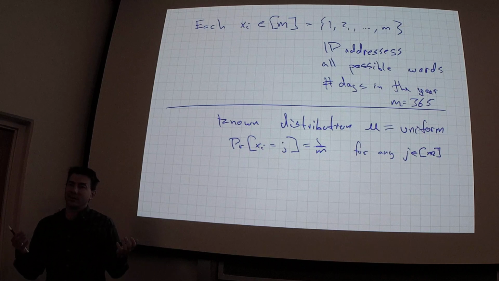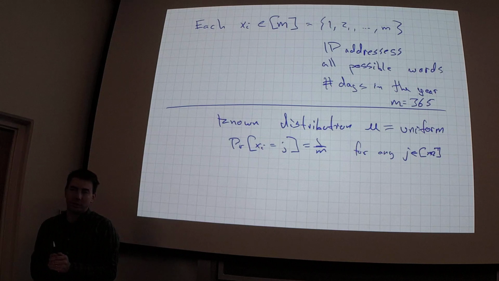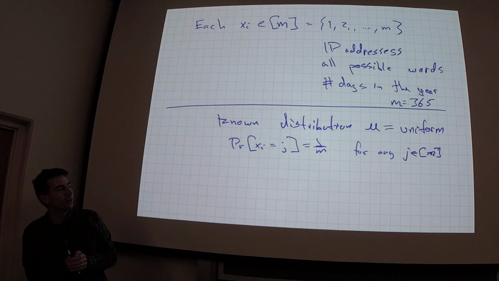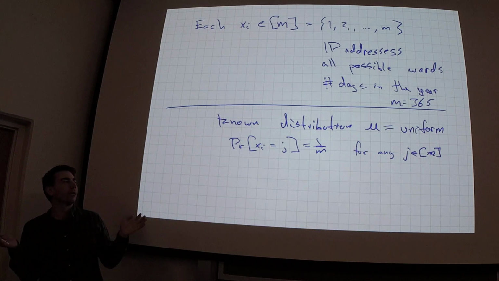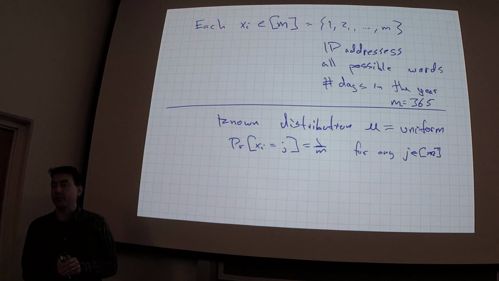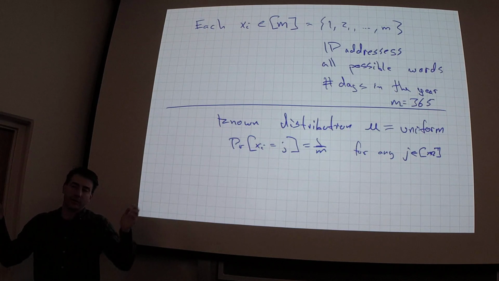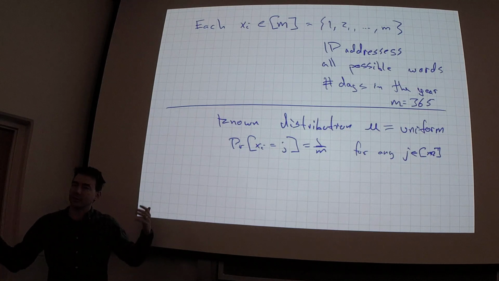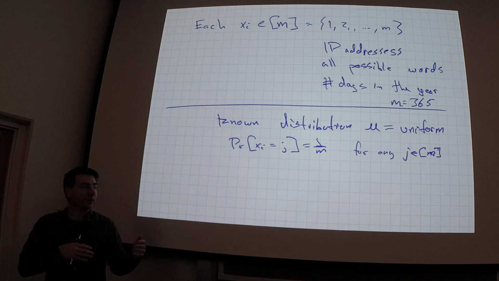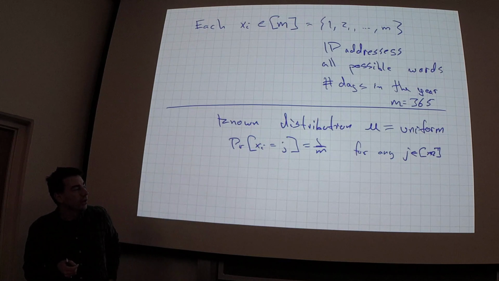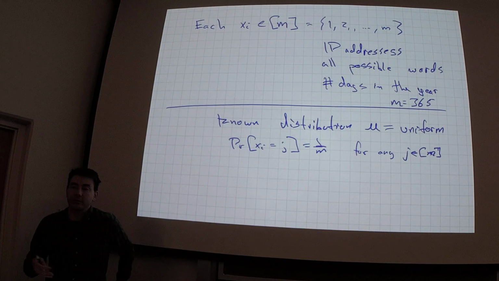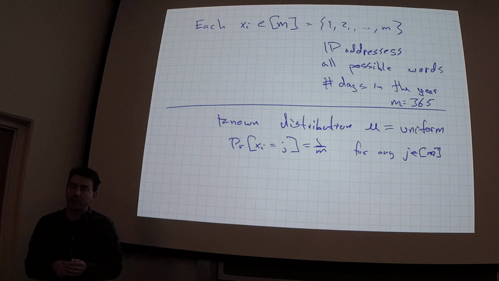It might not be what you expect to happen with the uniform distribution with some reasonably small number of samples. When the number of samples gets to be like 1,000 or 10,000, it's going to start to look uniform. But for things less than that, especially with m equals 365, some strange things are going to happen. Okay.